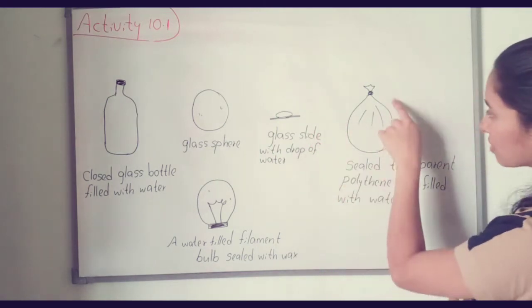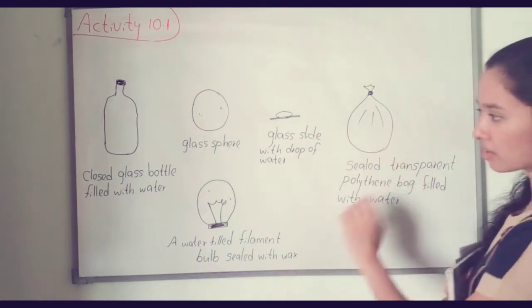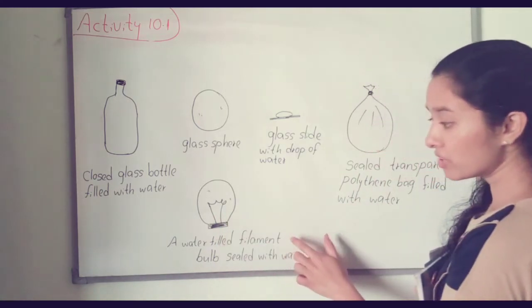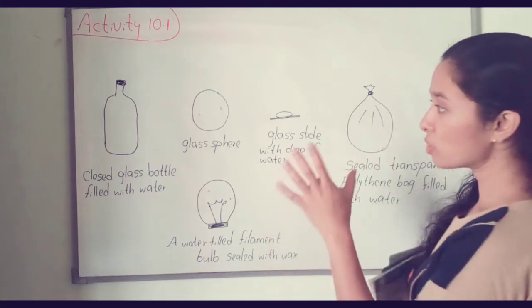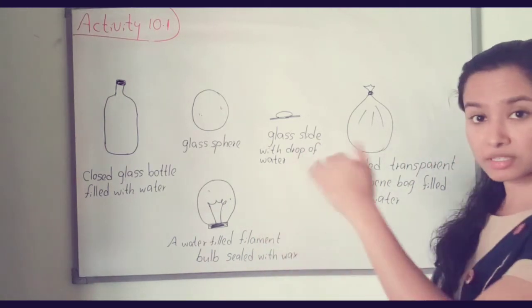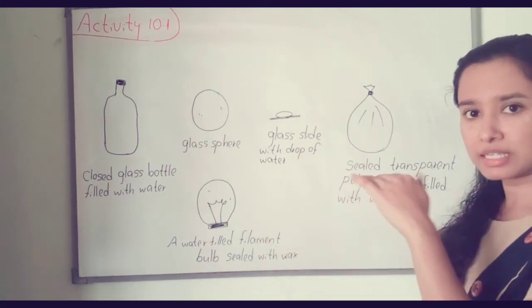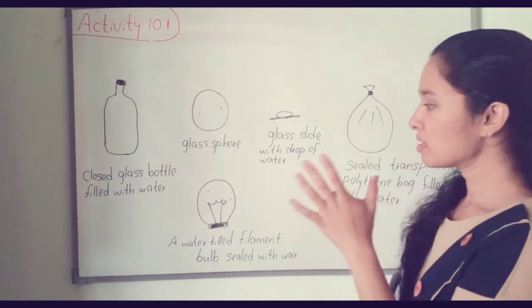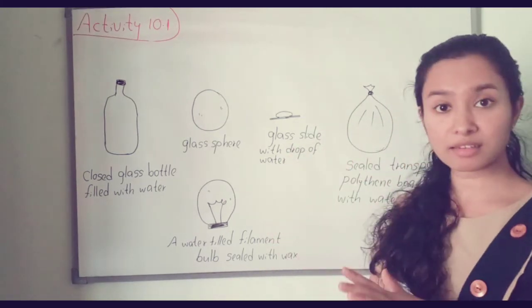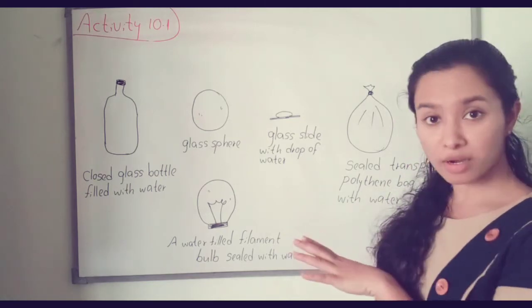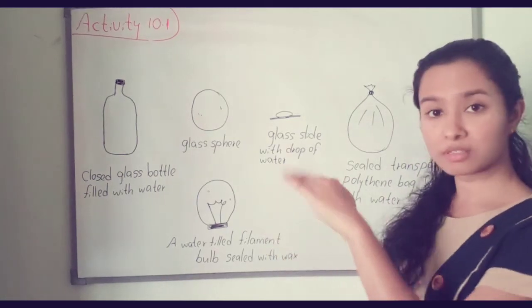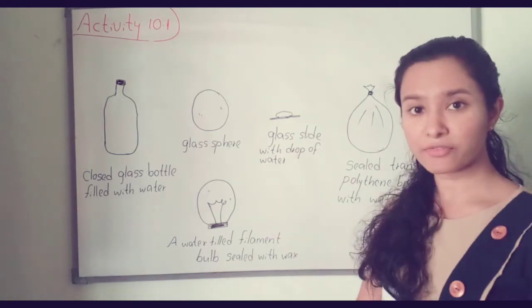Here, a curved surface in a polythene bag. This filament bulb also has a curved surface. So, curved or protruded surface. What is protruded? පිටතට නෙරාගිය. So, that is the second common feature. There are two common features: filled with water and a protruded or curved surface.